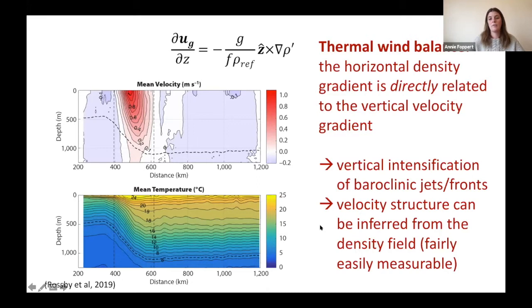And so you can infer the velocity structure from the density field, which is a bit more straightforward to measure in the real world. Of course, for a section like this, if you only had the temperature or density field and not the direct measurements of velocity, you would only know the cross-transect velocities because of this curl.